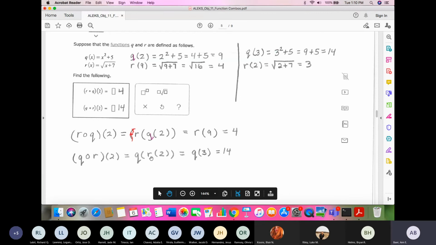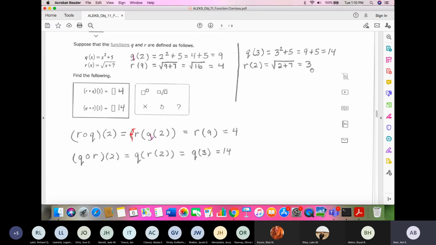So now we go inside here and find R of 2 first. What's the y value of the R function when x is 2? So we want to go to the R row. We want to use this row, R of 2. That means we take this 2 and plug it in for x here. We get the square root of 2 plus 7. 2 plus 7 is 9.